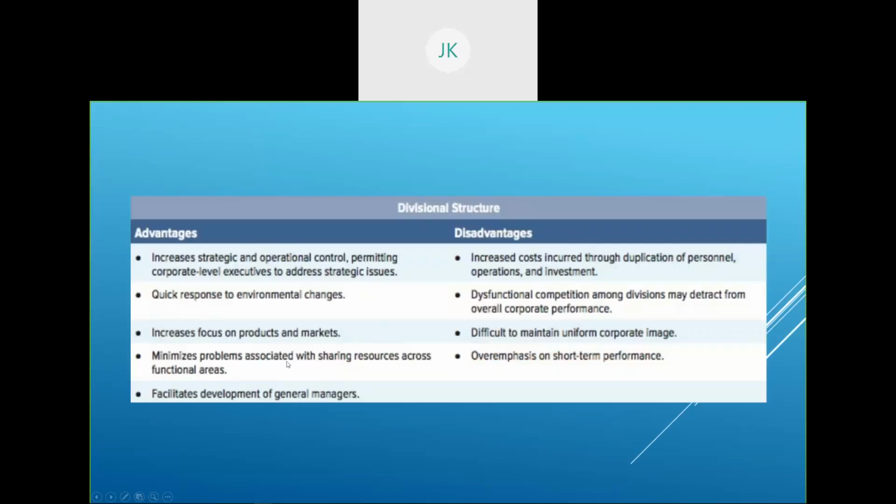Advantages: because they have their own decision channels, division by division they move fast, so a quick response to environmental change, and increased focus on product and market. So division by division, they focus on their product and market.